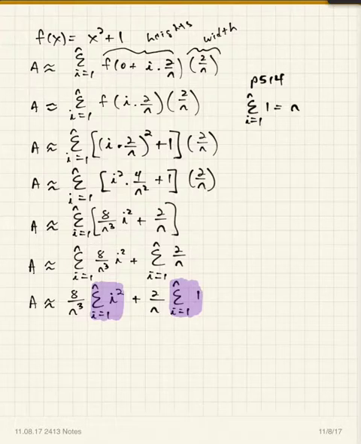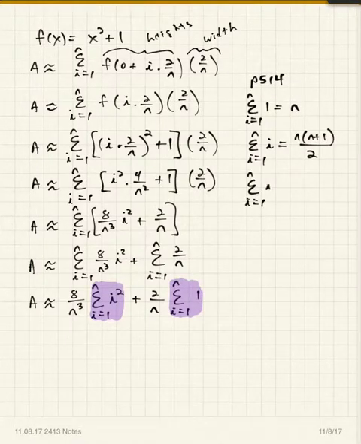And then if you have the sum as i goes from 1 to n of i, you can use mathematical induction to prove that that's n times n plus 1 over 2. So you can always replace it with the algebraic expression n times n plus 1 over 2.